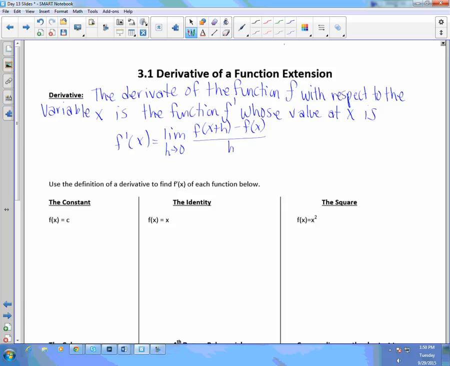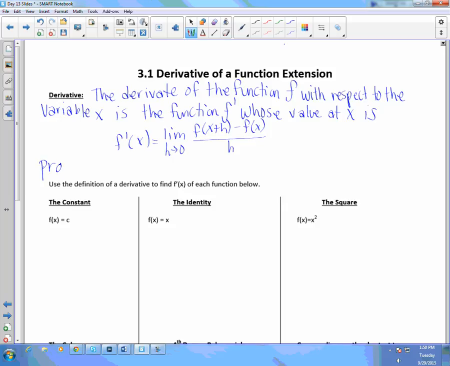Derivative, an I word. Instantaneous rate of change. So the derivative at a specific x value is just telling you the slope at that instant, right? Slope at that instant.